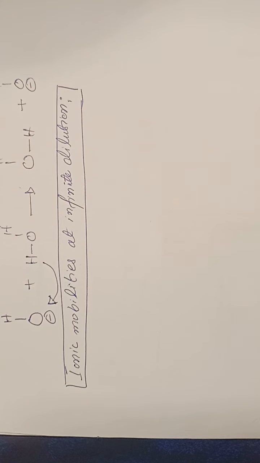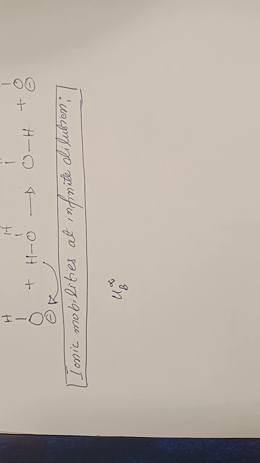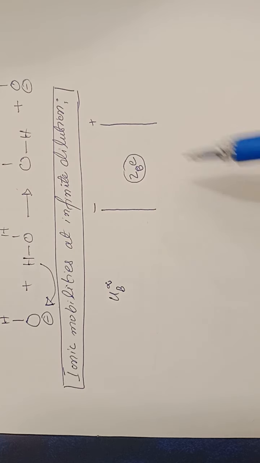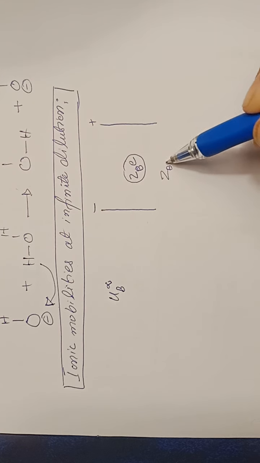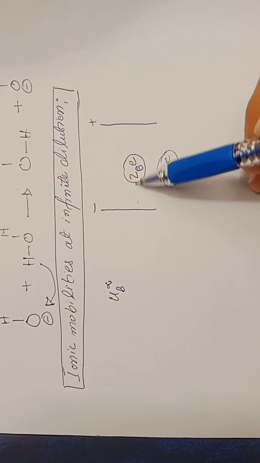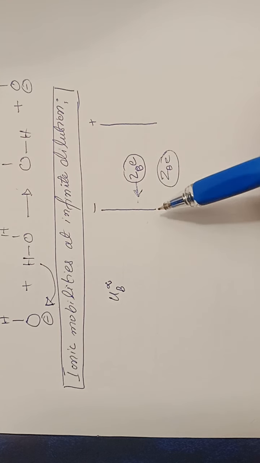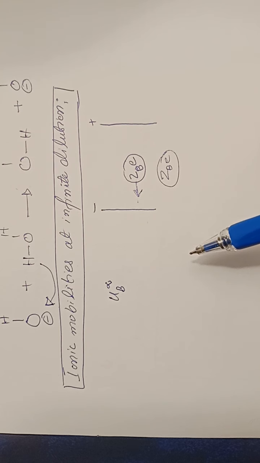Ionic mobilities at infinite dilution are usually estimated theoretically. At extremely high dilution, inter-ionic forces are negligible, so the only electric force an ion experiences is due to the applied electric field. So the only forces acting on it are the electric field and the frictional force.